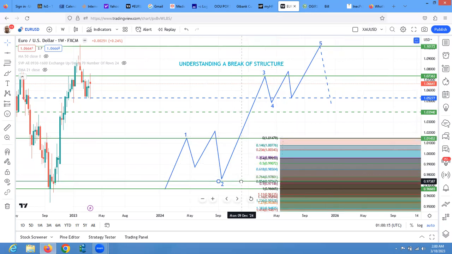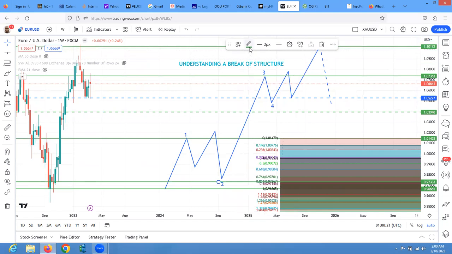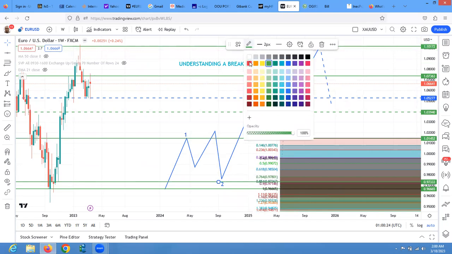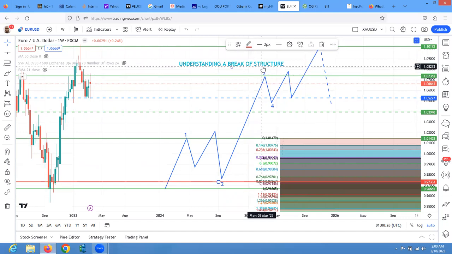The limit of wave 2 is 85. That is where I have it. In red, that's the limit of wave 2. Because a retracement to the downside of 85.4 is the limit of wave 2.